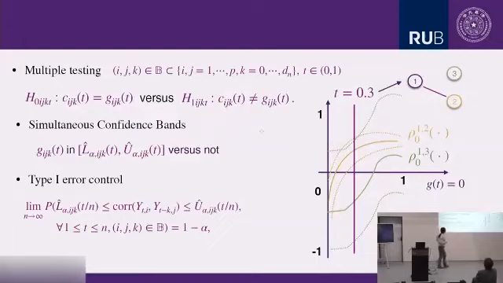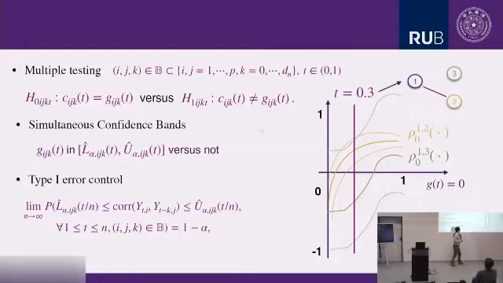As I mentioned before, what we want to do is estimate the correlation function and build a confidence band, so that we can infer at any time point, and the probability that we make a mistake is uniformly controlled, not only across time, but also among different pairs of nodes.